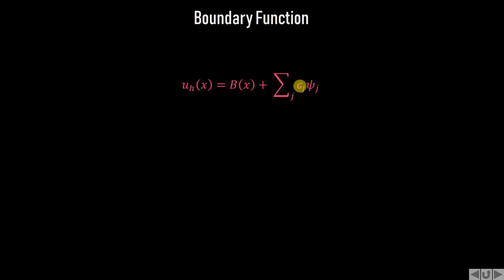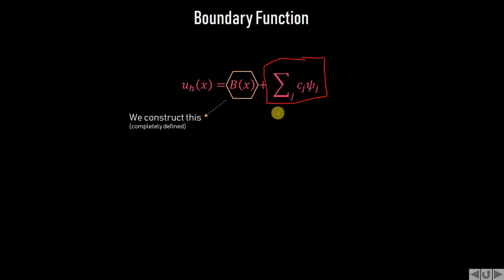This B(x) part is completely defined, you know that. That's what you have defined. You completely understand what this is. Our only unknown is this part, and in this part the specific unknowns are the cj's. Okay, you are deciding what the psi-j's are, you just need to find out the cj's.